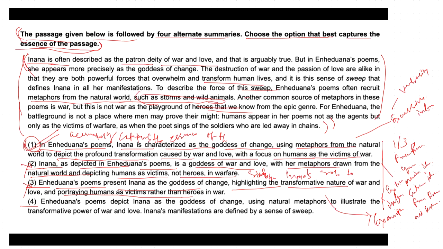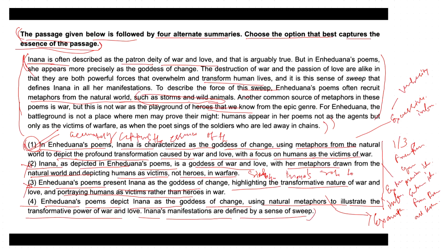Option 4 states: Anaduana's poems depict Inanna as the goddess of change, using natural metaphors to illustrate the transformative power of war and love. Inanna's manifestations are defined by a sense of sweep.